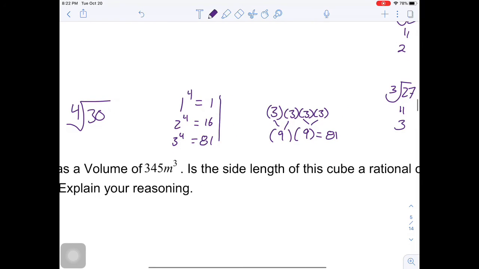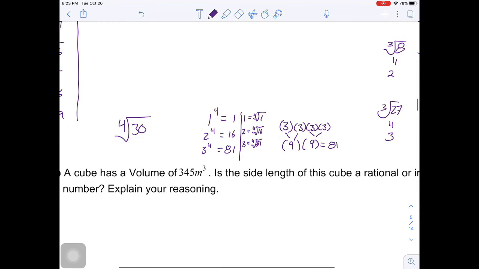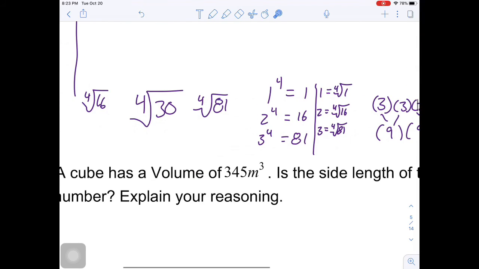Okay, we can represent this using fourth roots. So the fourth root of 1 is 1, the fourth root of 16 is 2, and the fourth root of 81 is 3. So now we can see and estimate that this falls between the fourth root of 16 and the fourth root of 81. Now, 30 is much closer to 16 than it is to 81.